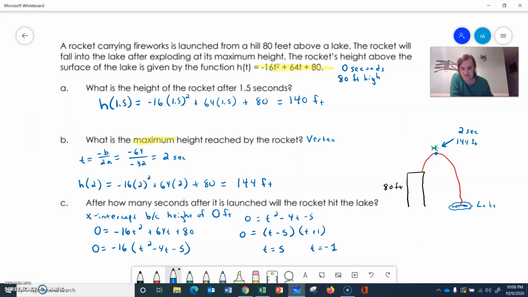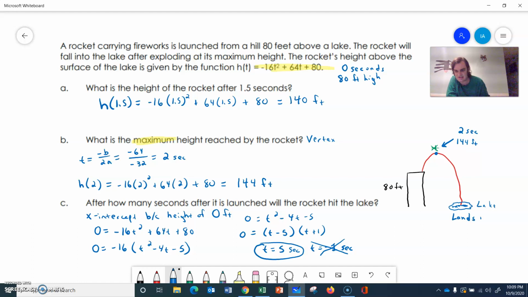Well, first of all, t being negative 1 means negative 1 seconds. That doesn't make any sense, but if you think about it, we started at 0 seconds, 80 feet in the air, and just extended the parabola backwards, that would be before we ever started if the building wasn't there. But that negative 1 second doesn't make any sense. So after 5 seconds, it hits the ground, well, the lake.